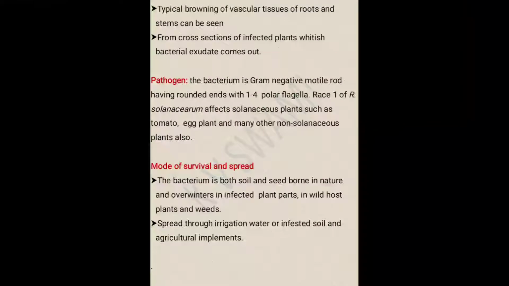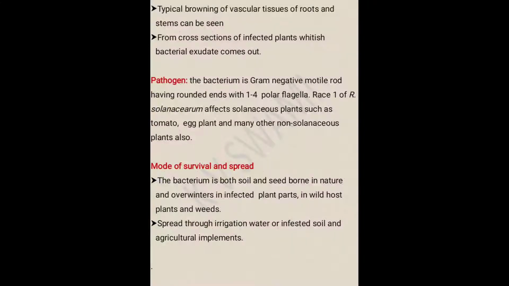Mode of survival and spread, that is perpetuation. The bacterium is both soil and seed-borne in nature and overwinters in infected plant parts, in wild host plants and weeds.